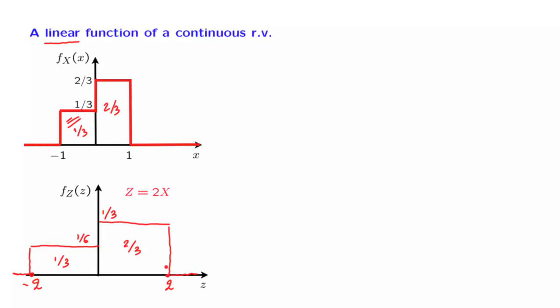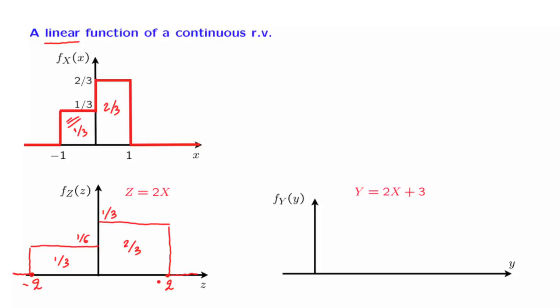If we now add a number, let's say 3, to the random variable z, what is going to happen? The random variable y now will take values from -2 plus 3, this is +1, all the way up to 2 plus 3, which is +5.